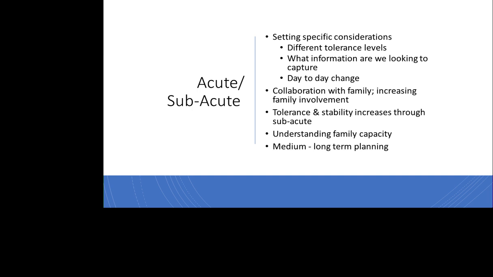And it really is important at this stage to consider the capacity of the family and how you work with them on that journey, and work with them to think about the next phases, think about medium and long-term planning. So I think this phase is not just about working with that individual, it's about getting all these things right as well.